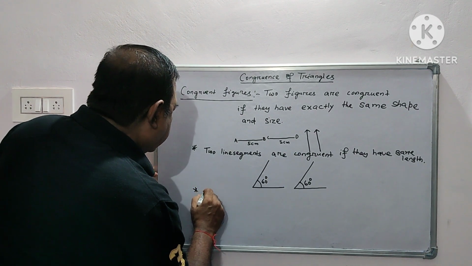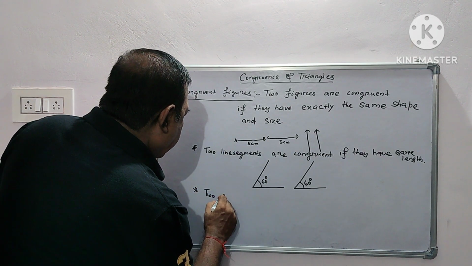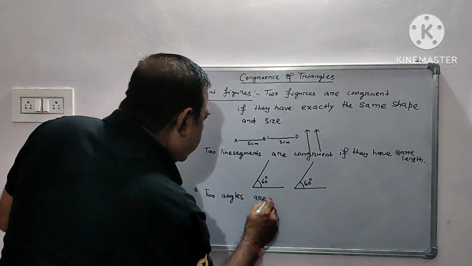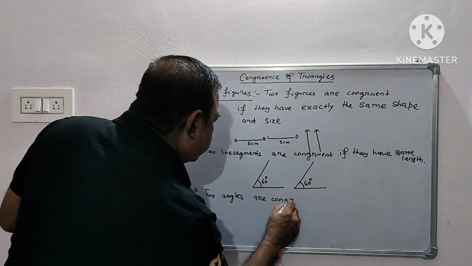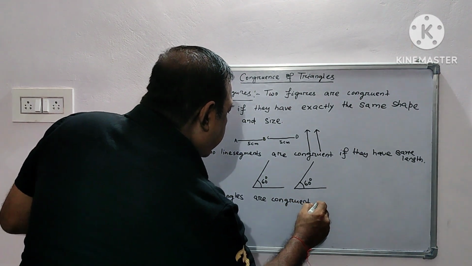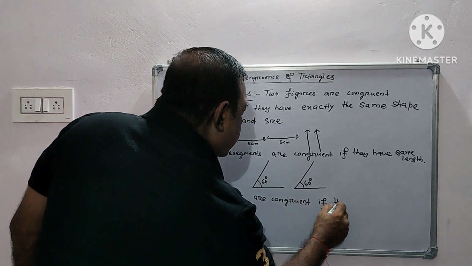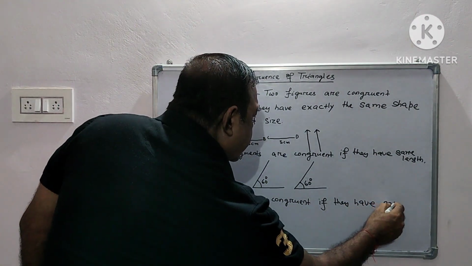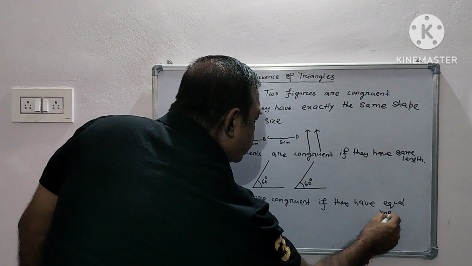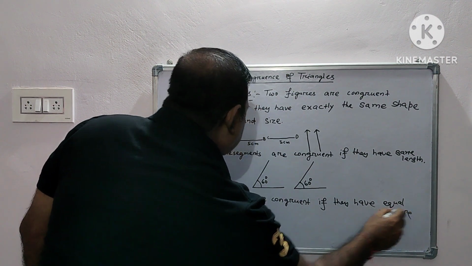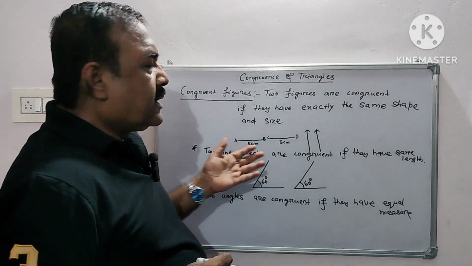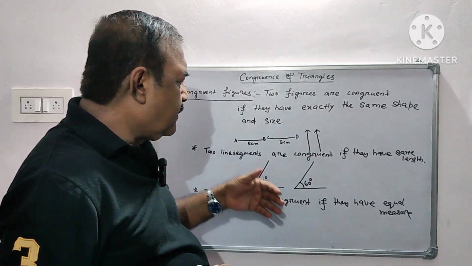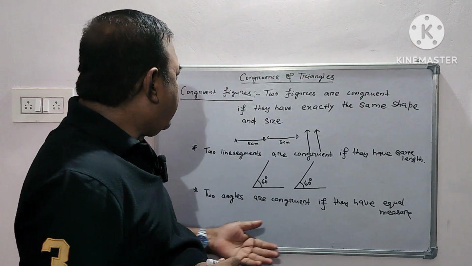So we may write: two angles are congruent if they have equal measure or same measure. So two line segments are congruent if they have the same length, and two angles are congruent if they have the same measure.